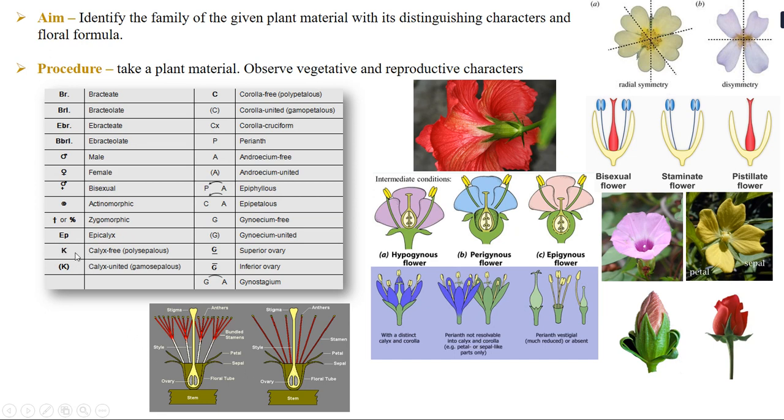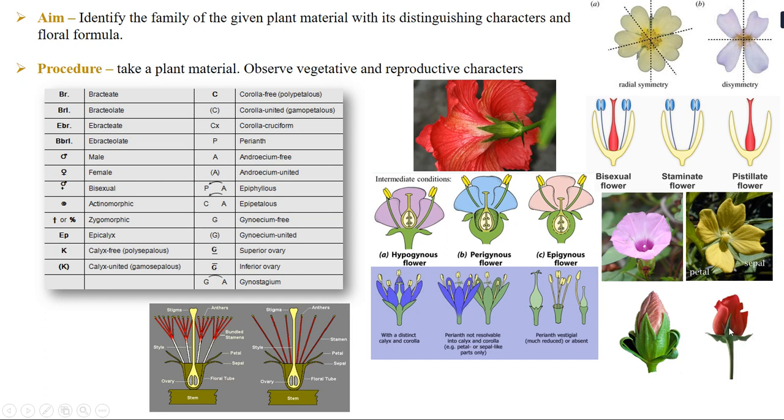Okay. And now, if it is a polysepalous condition, that means if the calyx are free, then you just write an alphabet K. What is a polysepalous condition? If you see this rose plant, a rose flower over here, the calyx are free from each other. Correct? They are not united. They are free from each other. It is a polysepalous condition.